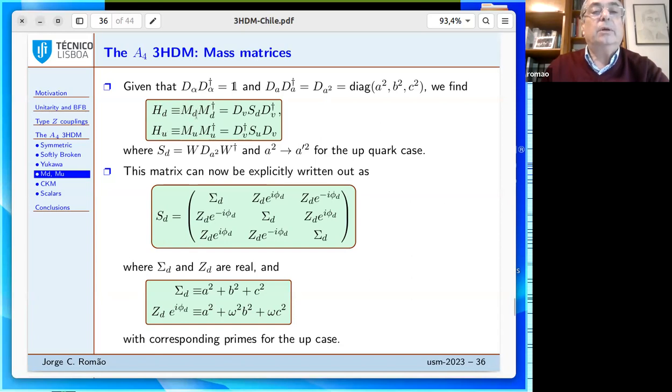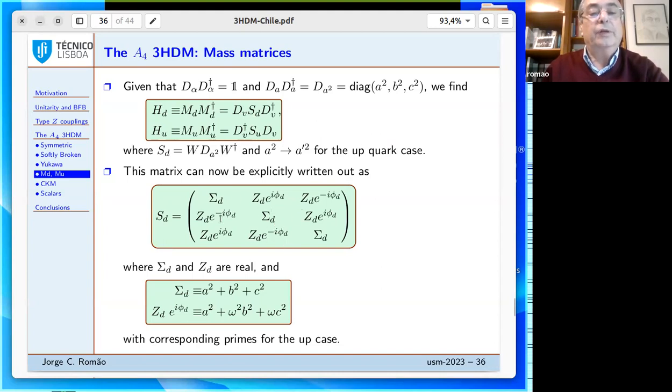And this is nicer because, for instance, these angles alpha disappear from this formulation because of this condition. And this is just the diagonal matrices, and you can write this H down and H up in this form, where this matrix S is given by this product, and it can be written in this form.